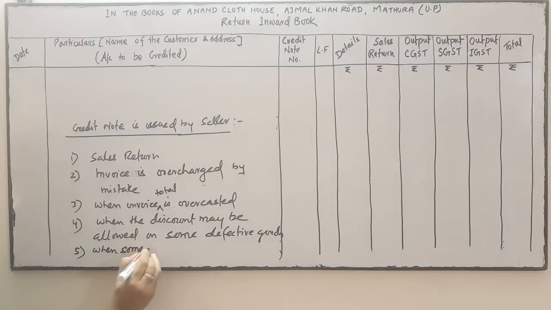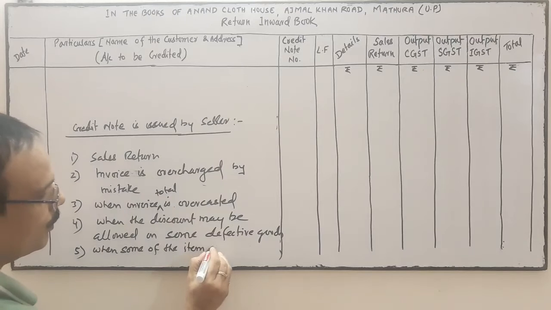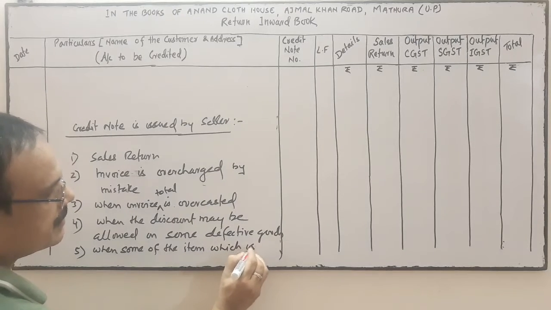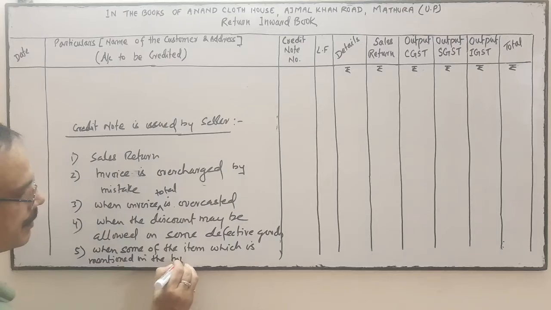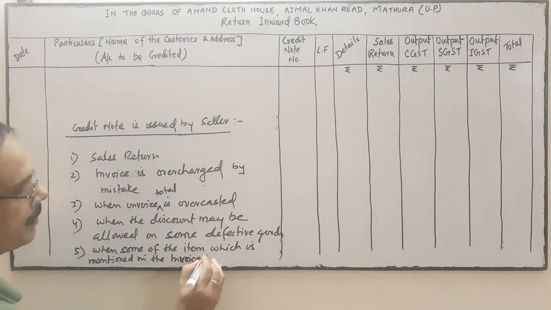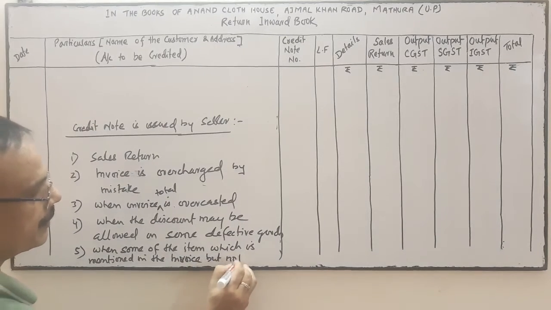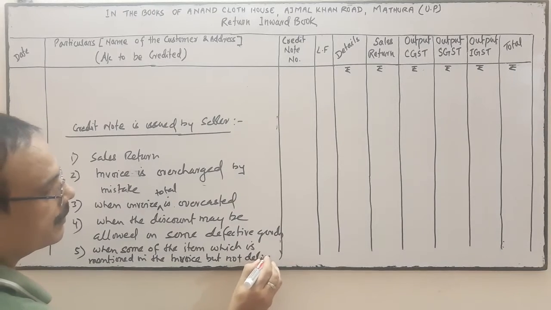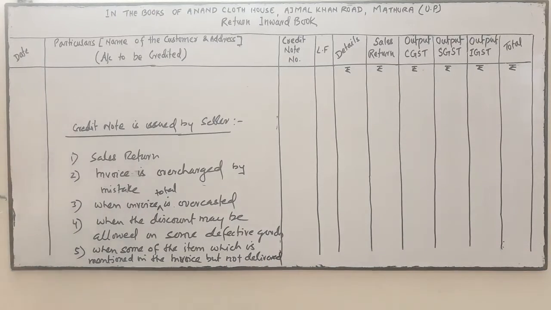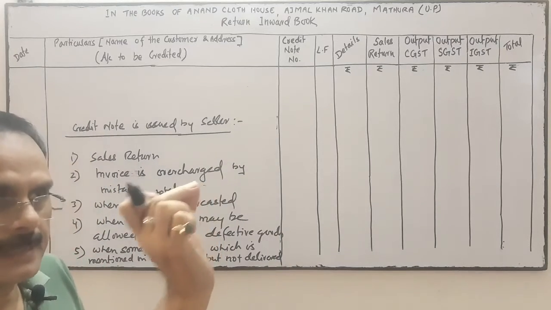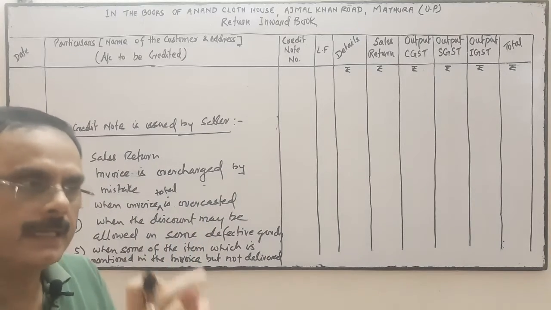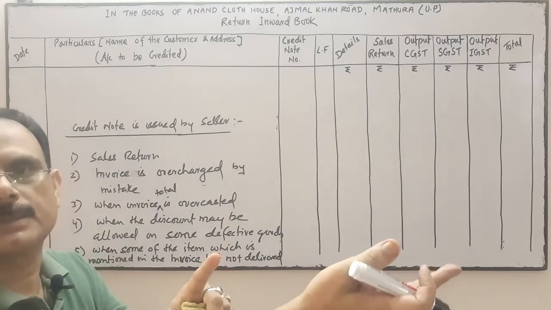some of the items which are mentioned in the invoice were not delivered. Sometimes it may happen that an item is in the invoice, indicating this item is there, but actually that item was not sent to the customer.